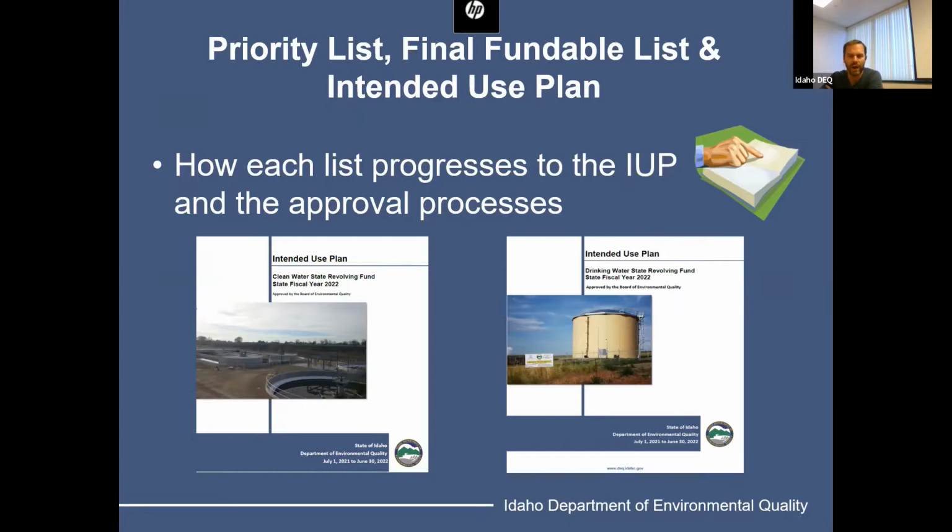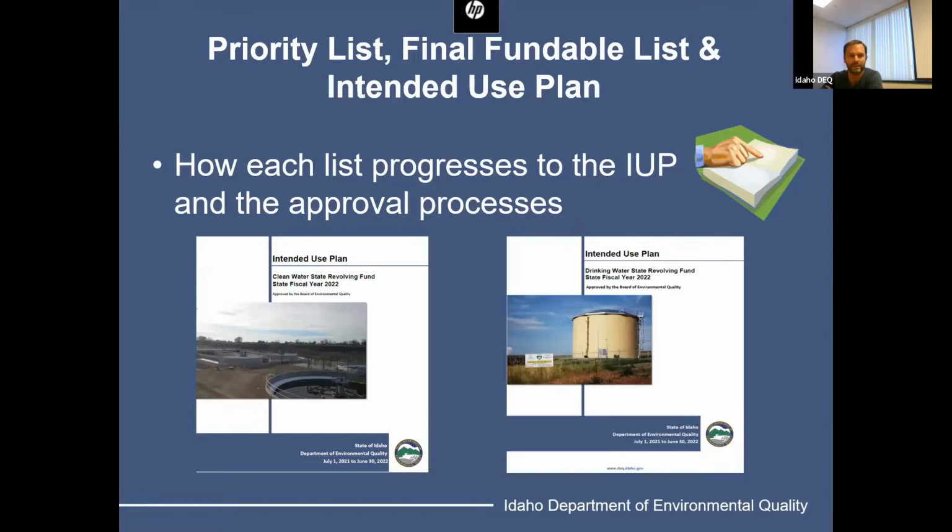This is actually pretty common through a lot of the states. This isn't just an Idaho thing. The reason is because as stewards of the funds, we have to make sure that we're getting these funds spent out in a timely fashion. Mariana was talking about the ARPA funding. If we do get the ARPA funding, there are deadlines that we have to meet to ensure that those funds that we're getting allocated to us are getting spent out.